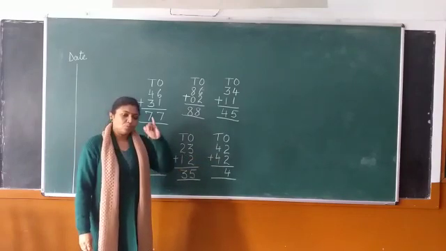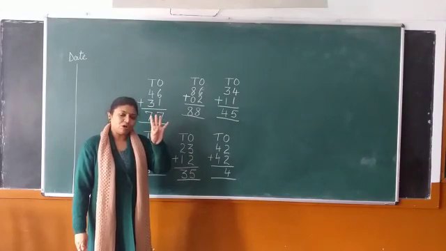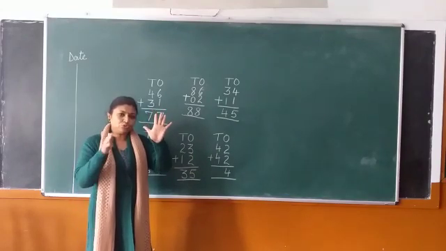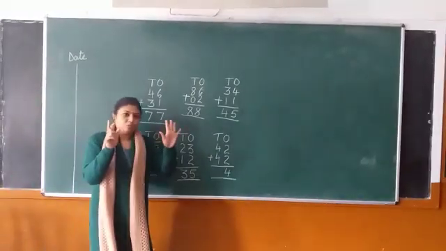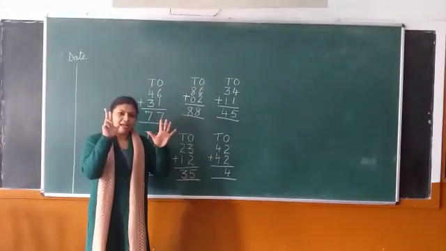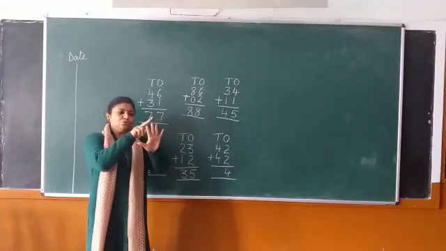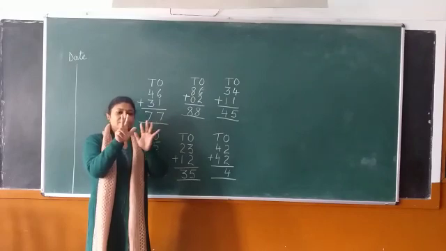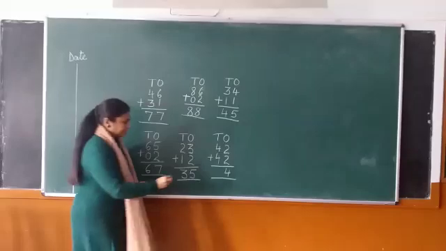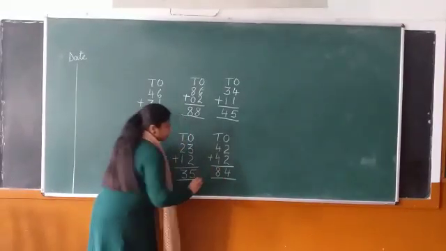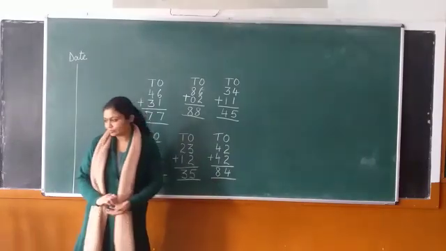So let's count 1, 2, 3, 4 and again we have to count 4 more. Now let's count it together. 1, 2, 3, 4, 5, 6, 7, 8. So the answer is 8 here. So 42 plus 42 is 84.